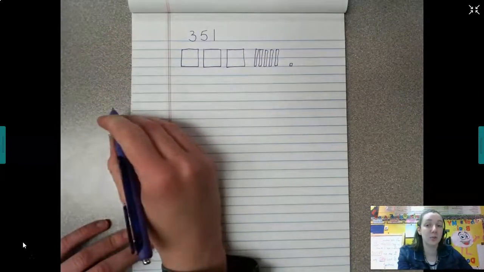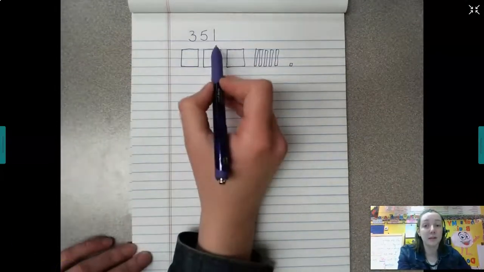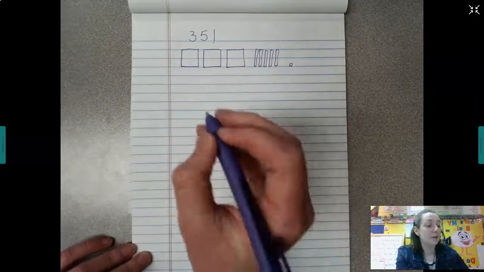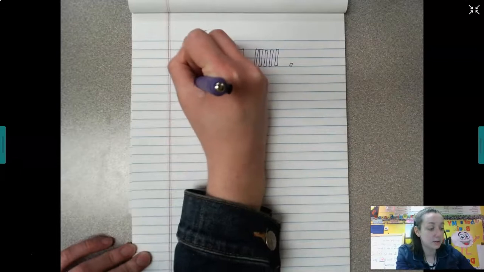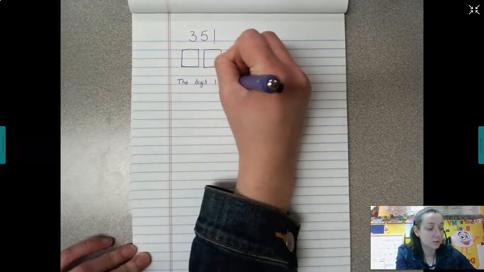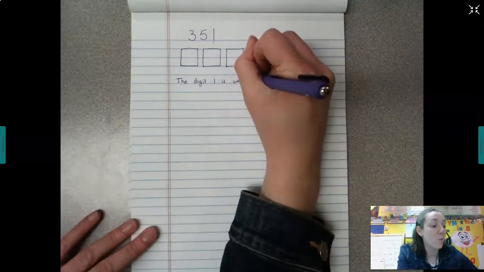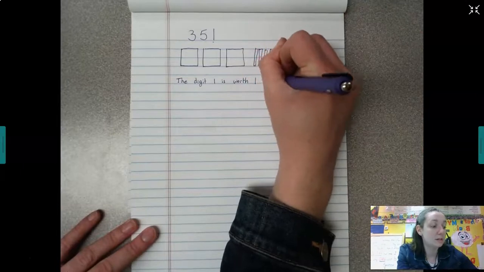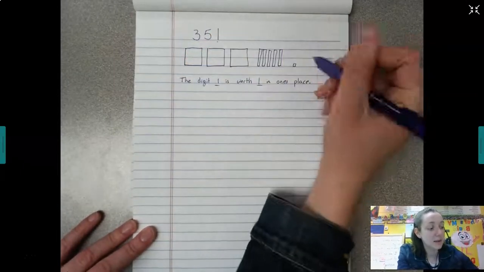Each digit is actually worth something different based on the place value it's in. So for example, the digit 1 in the ones place is actually worth 1, because as you can see, there's only one cube.